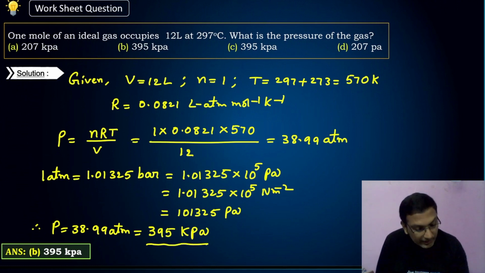So option B. First atmospheres, next atmosphere to kilopascals. So change option C as only pascals. Therefore, option B, kilopascals.